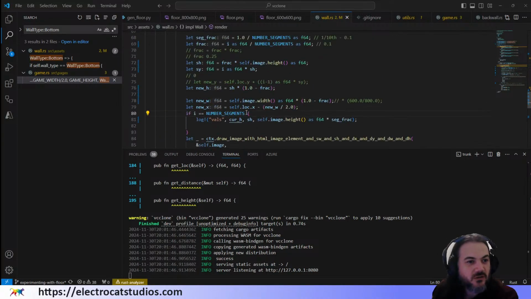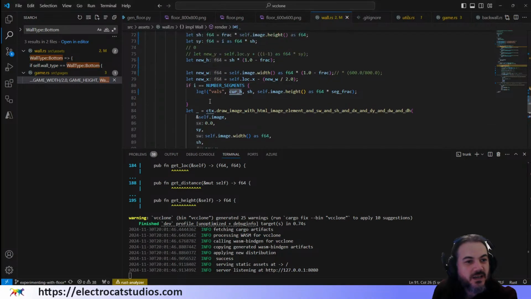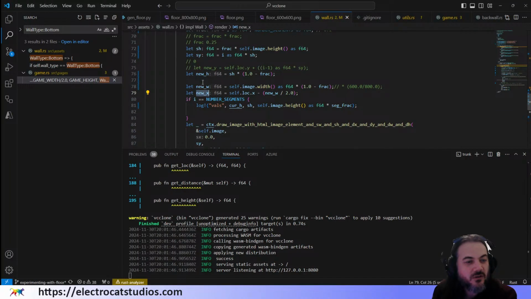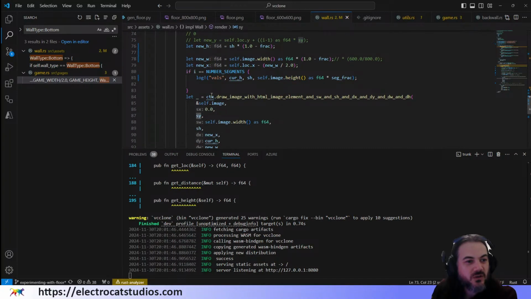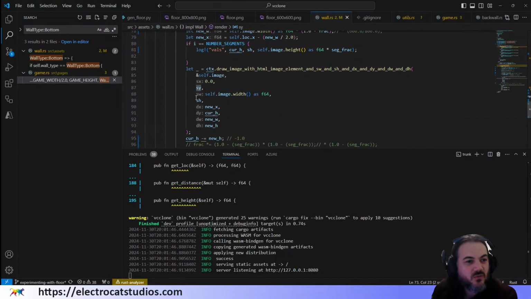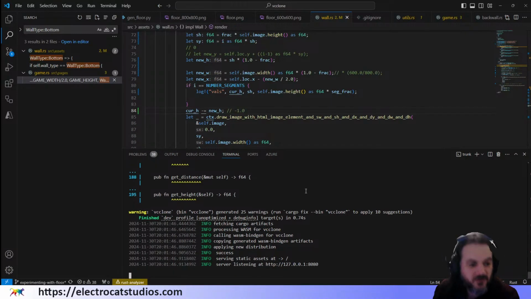Oh, hang on. Our first x is going to be wrong. First y, sorry. Or the output. So new y is the current height. Yes, there you go. This needs to happen before we do the draw.